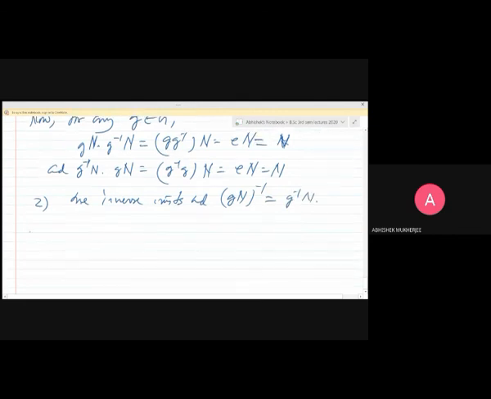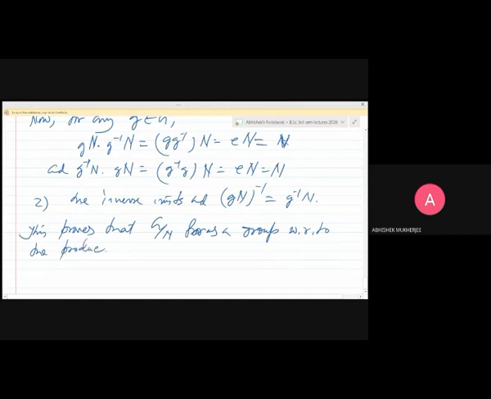And this proves that G/N forms a group with respect to the product operation, for left cosets, or you can take right cosets.